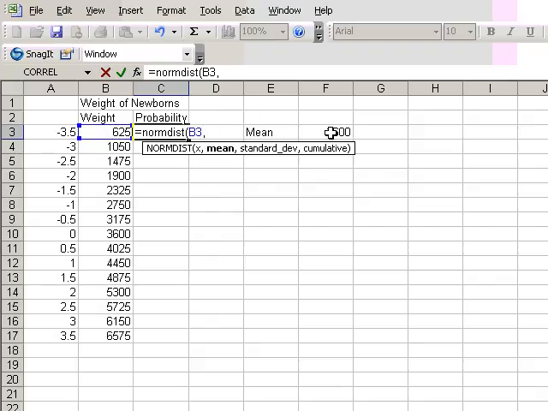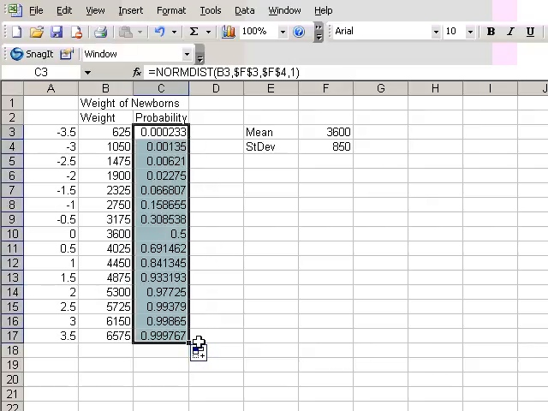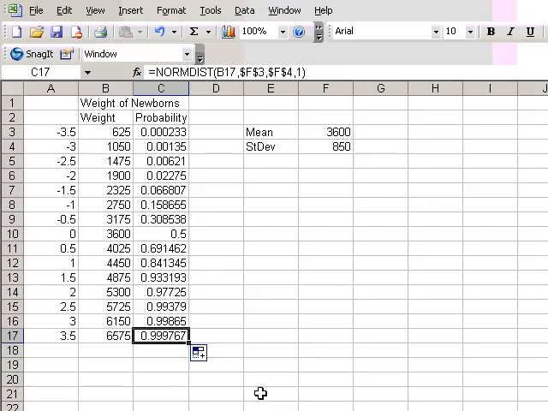A comma, the mean is 3,600, fixed with an F4, and a comma, and now I need to get the standard deviation, fixed with an F4, a comma, and now for the cumulative distribution, a 1. There is the probability that a birth will be 625 grams or less, and I'll click this down, and here is the probability that a birth will be 6,575 grams or less.